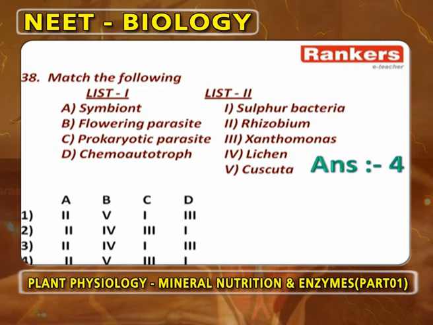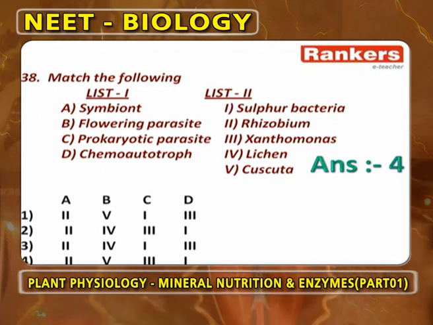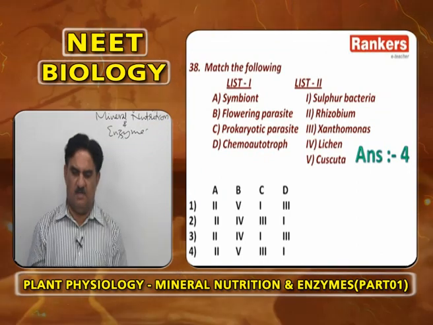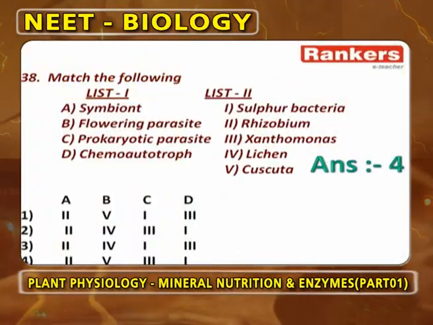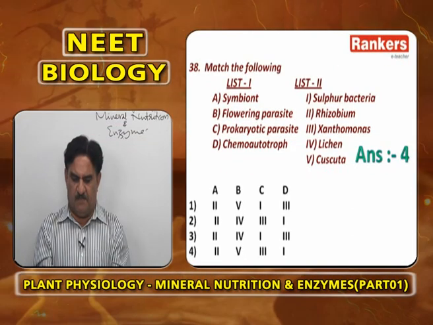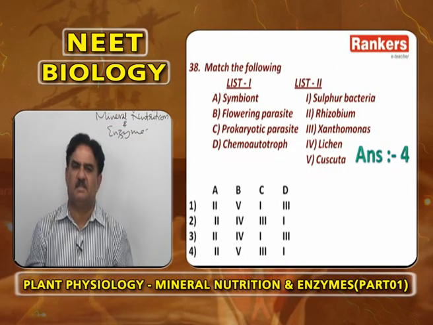Match the following: symbiont, flowering parasite, prokaryotic parasite, chemoautotroph. Sulfur bacteria, rhizobium, xanthomonas, lichen, cuscuta. So, symbiont, rhizobium, it lives in the root nodules of legumes and helps in nitrogen fixation. Flowering parasite is cuscuta.